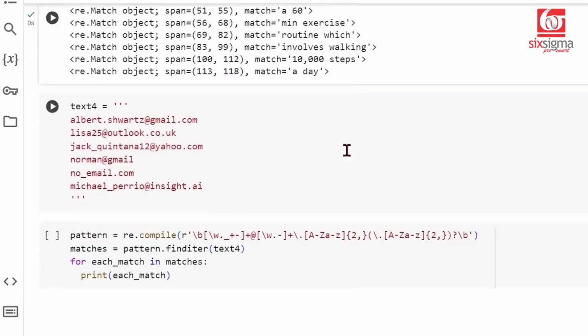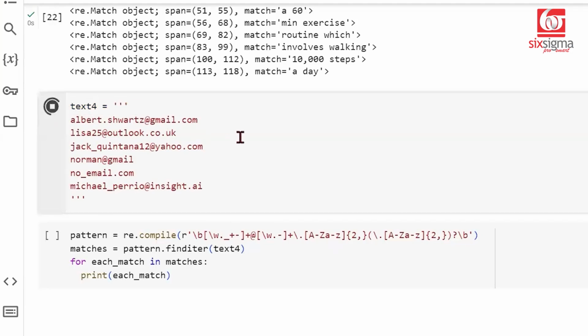Now, the last piece here would be to check for specific patterns in the email addresses. Let's say we have a set of email addresses represented in a doc string, and you want to find out which of these are valid email addresses. So some of these are valid, like Albert Schwartz at gmail.com, Lisa25 at outlook.co.uk, Jack Quintana 12 at yahoo.com, but you say Norman @gmail.